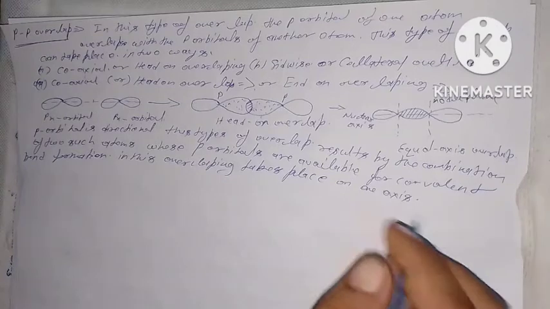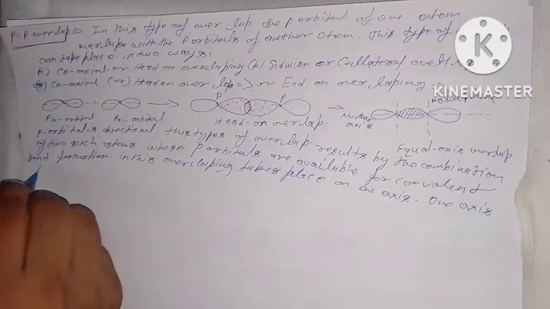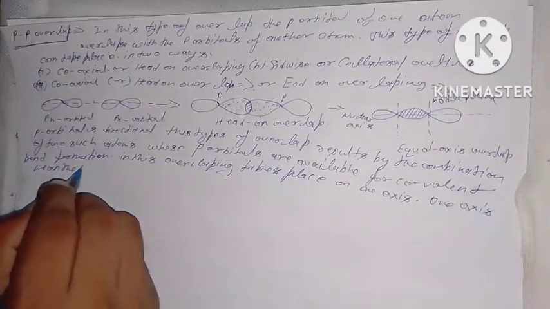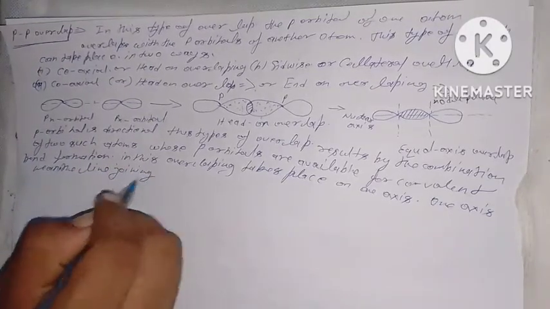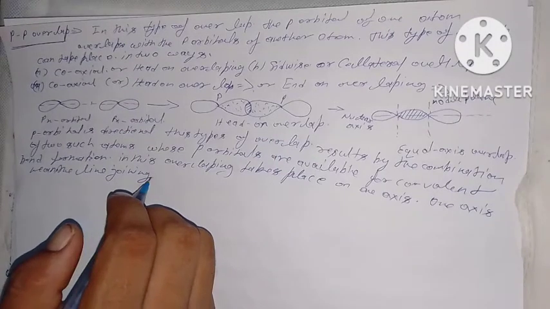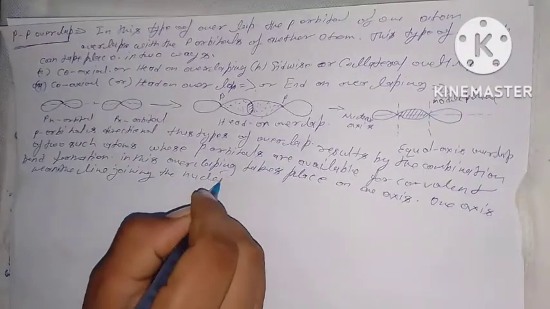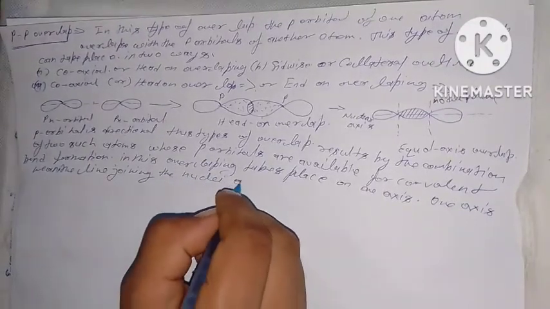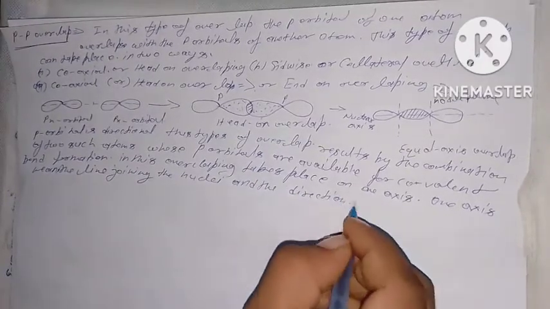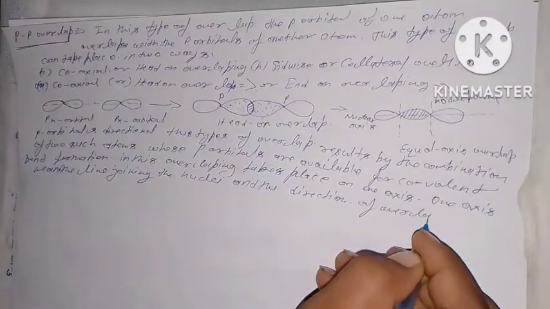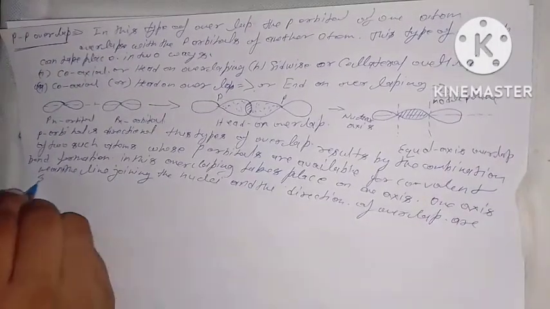One axis means that the line joining the nuclei and the direction of overlap are the same.